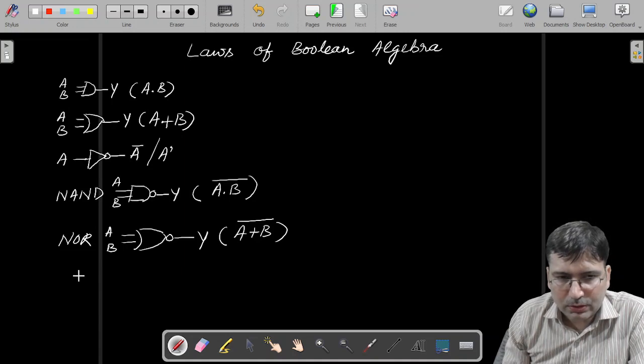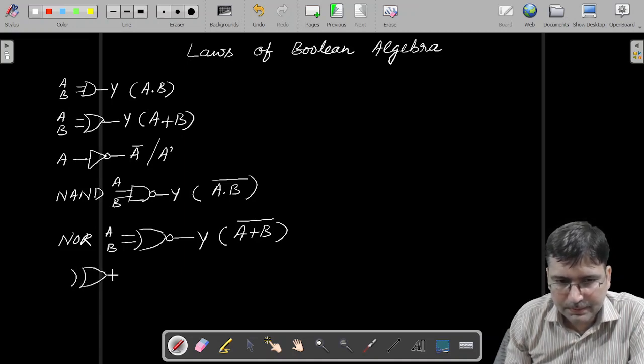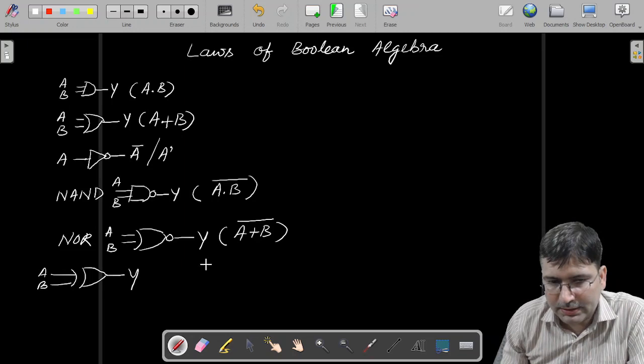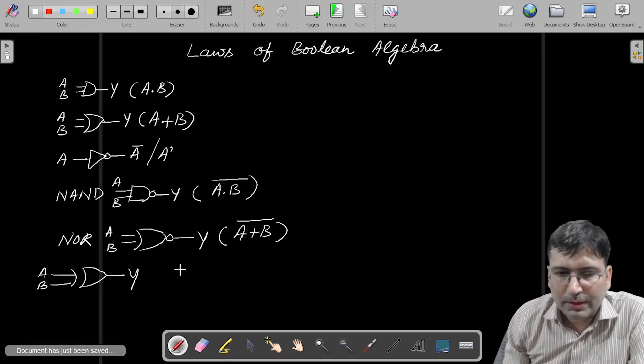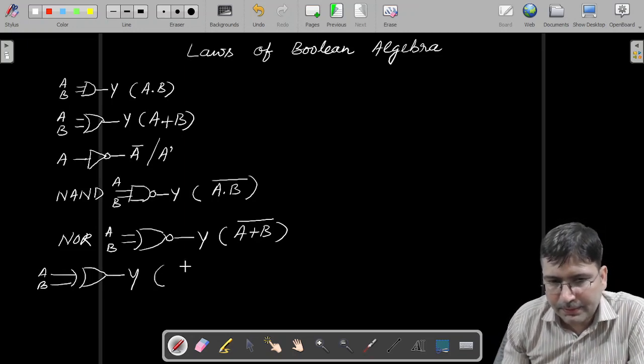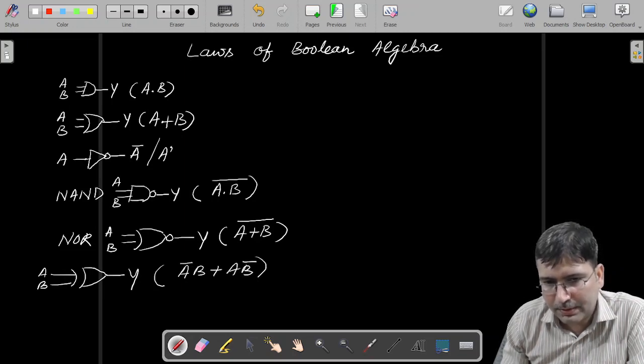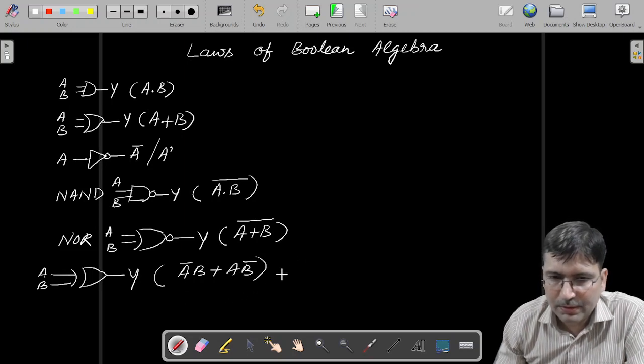In terms of XOR we represent it like this. There are two inputs A, B, and Y is the output, let's say. So XOR will be represented like A bar B plus A B bar. This is the Boolean expression.